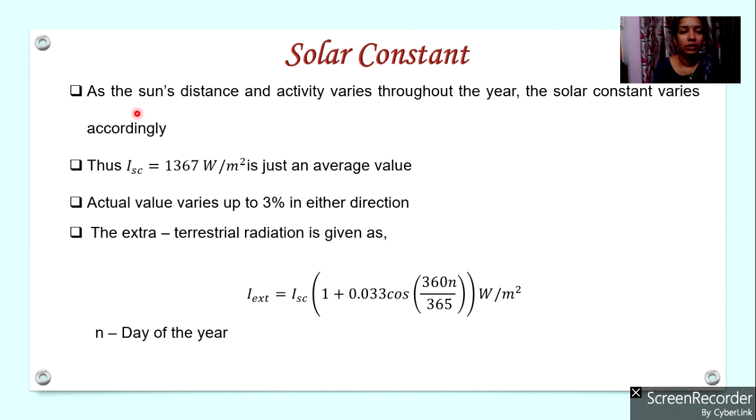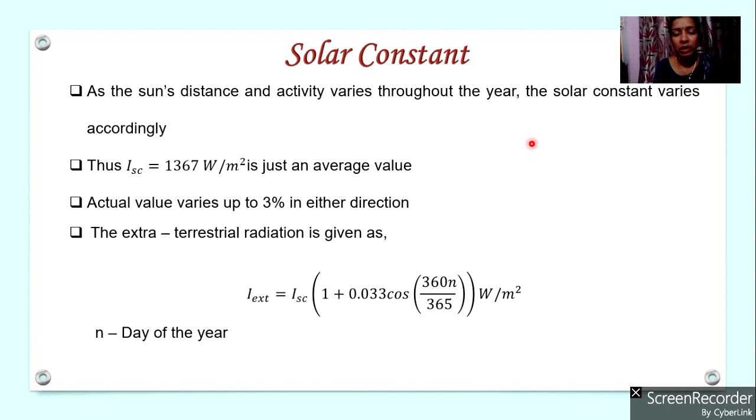We know that Earth is revolving around the sun in an elliptical path. So the distance between sun and earth will be different at different times. So due to this change in distance between the sun and the earth, and due to the change in activity of the sun throughout the year, the value of solar constant also changes.